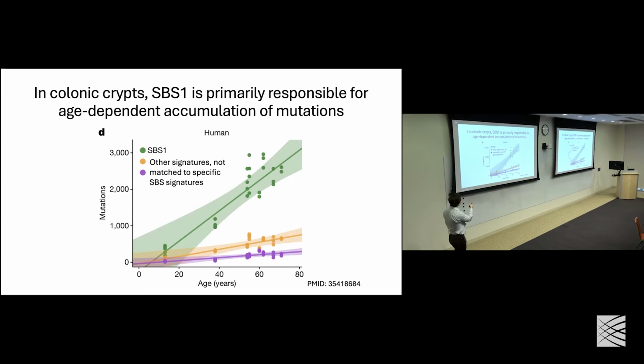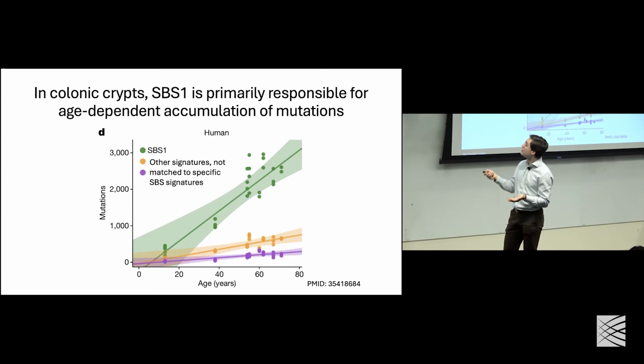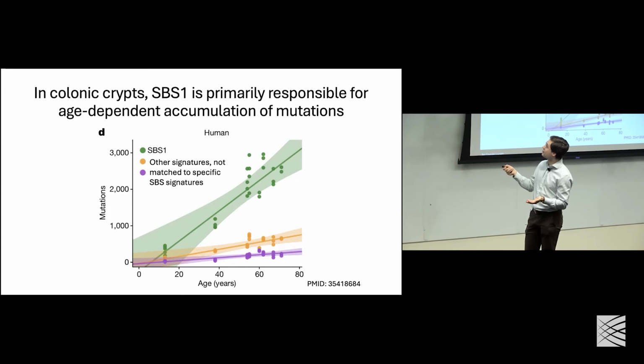These other two signatures did not match as well to specific SBS signatures and were reported as just SBSB and SBSC, but one very clearly matched onto SBS1, and that's the one doing a whole lot of the work in terms of accumulating somatic mutations. And this makes sense, right? Because those intestinal stem cells have to keep dividing, they have to keep making more and more of those crypts as they're destroyed throughout their function. So lots of proliferation, lots of SBS1.